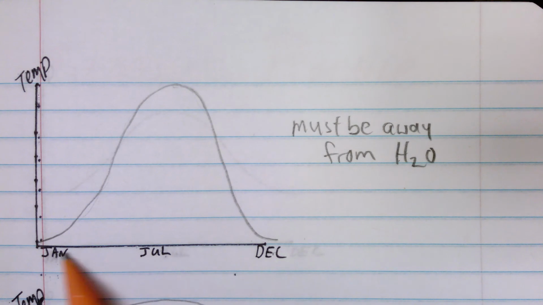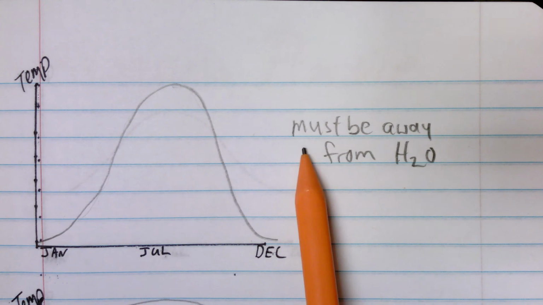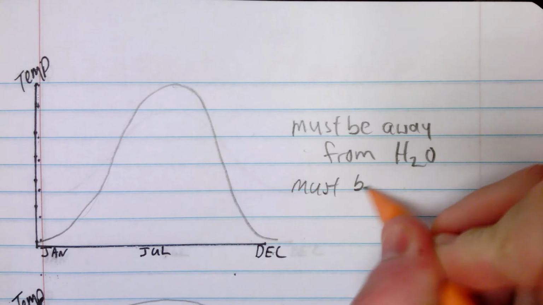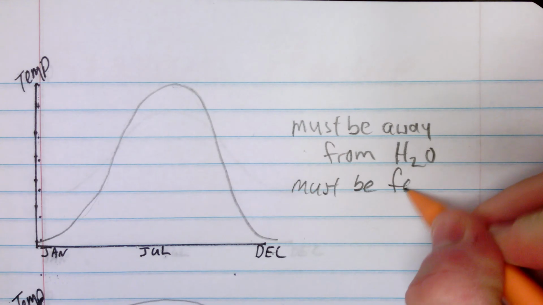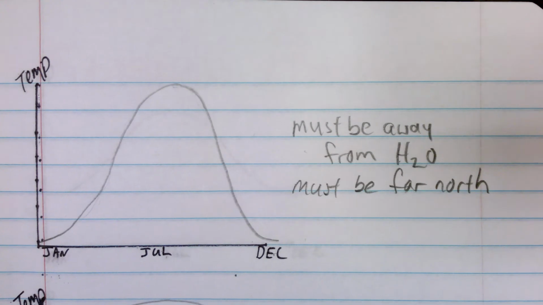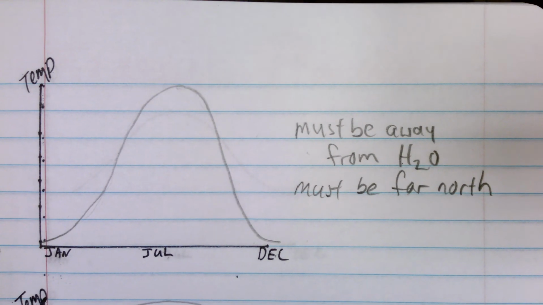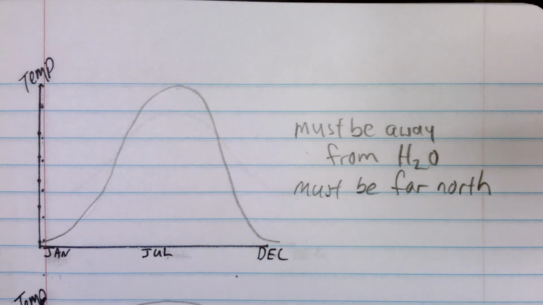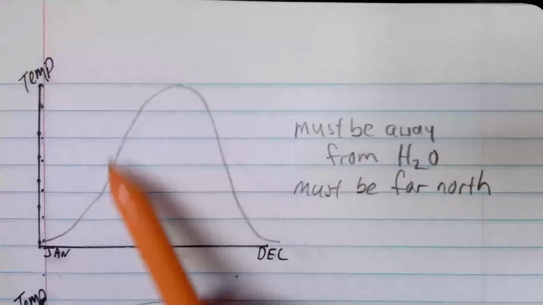So I'm looking at this thinking, not only is this someplace that must be far away from water, this must be someplace that's really far north. It's got to be away from the equator because places closer to the equator just don't change that much.